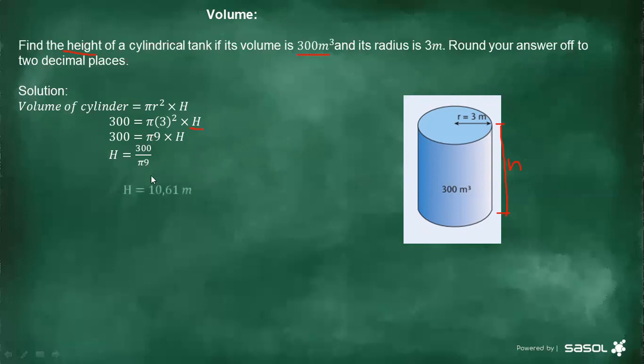Then you can just press your calculator and the answer that we have is 10.61 meter, because it was very clear that you should round your answer to 2 decimal places. So it's very important. That's how you should determine the height.